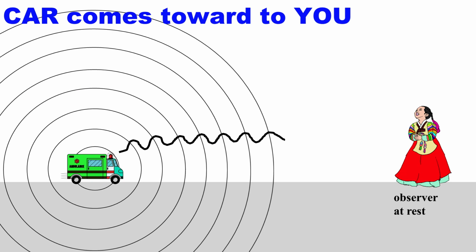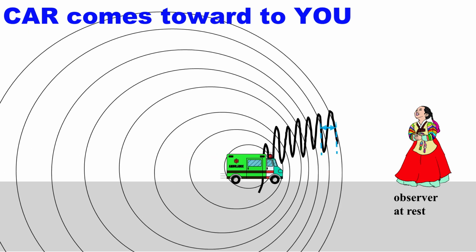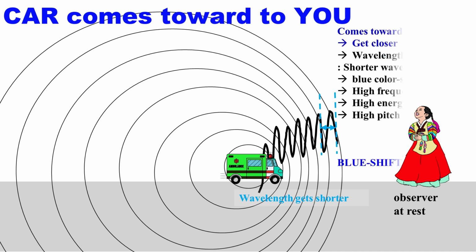Now the car comes toward you. As it gets closer, the wavelength of the siren gets shorter. Shorter wavelength is the blue color side: higher frequency, high energy, high pitch. So the wavelength gets shorter toward the direction of blue. We call this blue shifted wavelength.